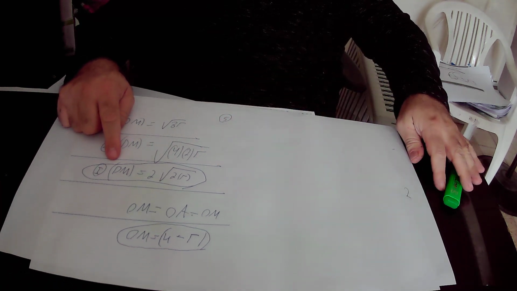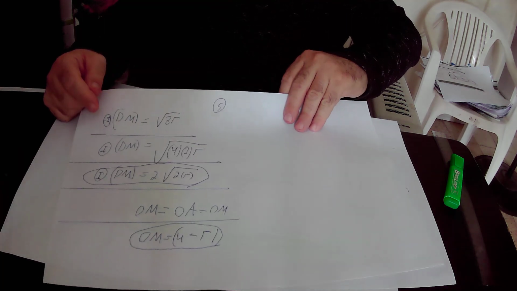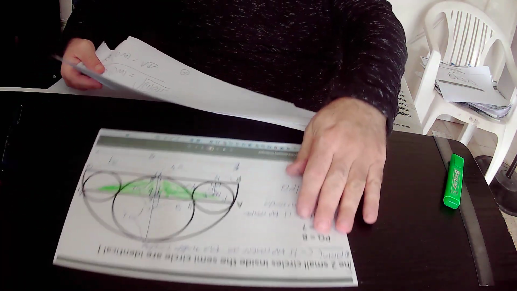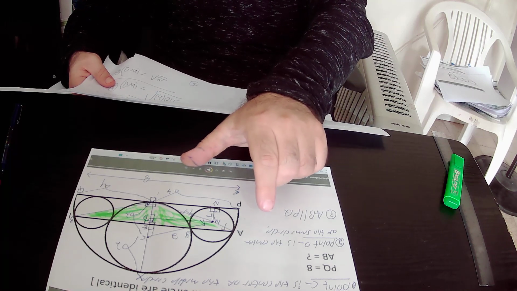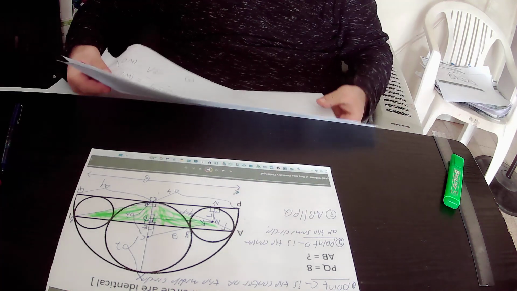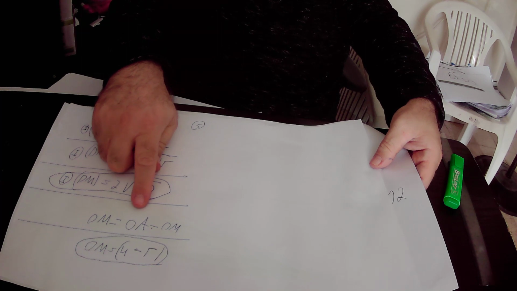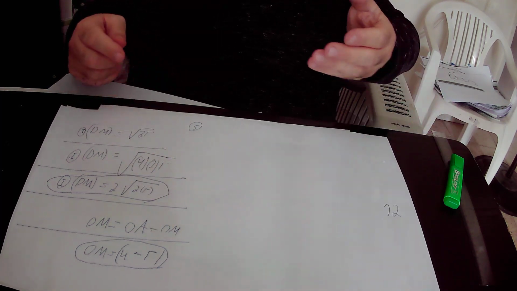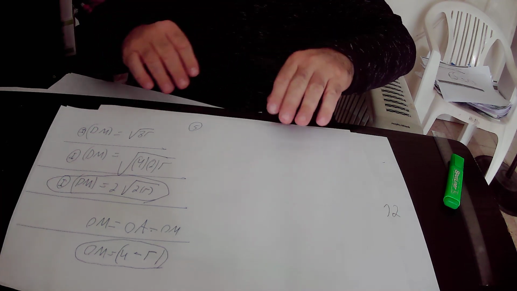And we know that OM equals OA minus MA. Here OM equals OA, that is the radius of the semicircle, minus AM, that is the radius of the small circle. OA equals 4, that is the radius of the semicircle, and MA equals R. So in total we got that side MO equals 4 minus R.